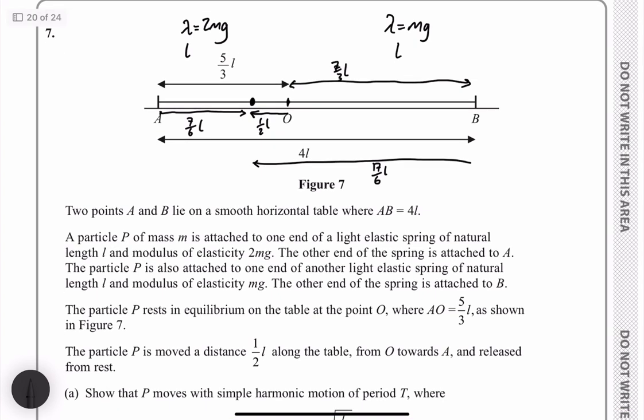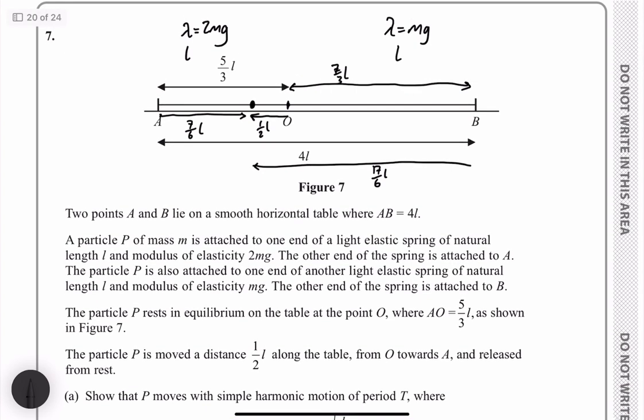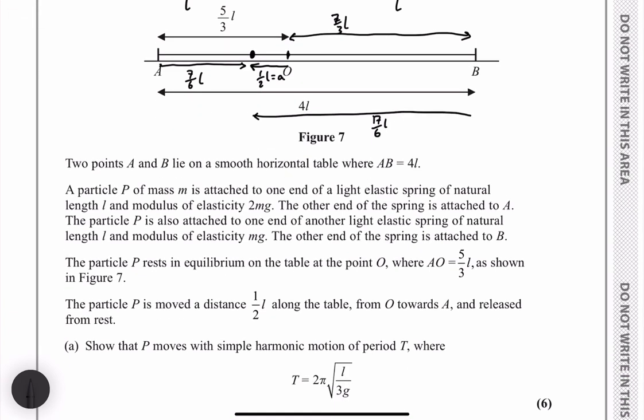Show that P moves with simple harmonic motion of period t. So at this point we've got an amplitude of 1/2 L, if that helps us. And we need to show that t is 2 pi root L over 3g.